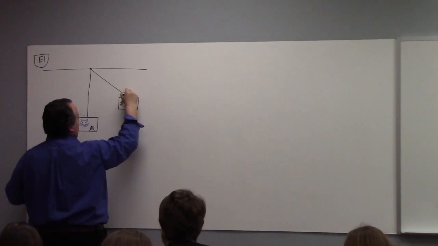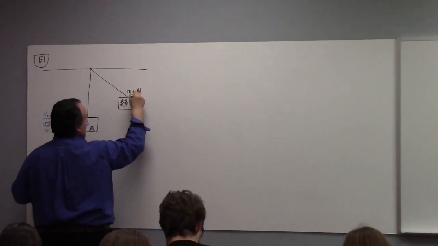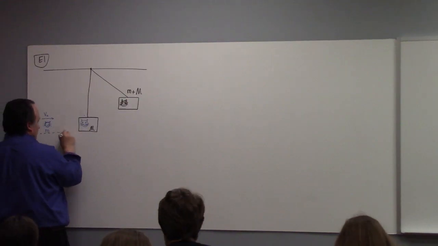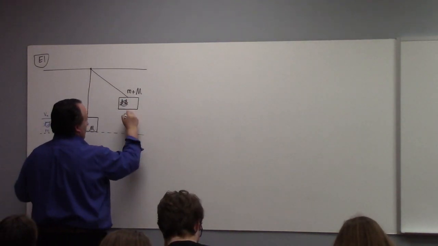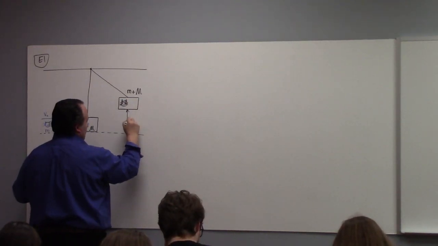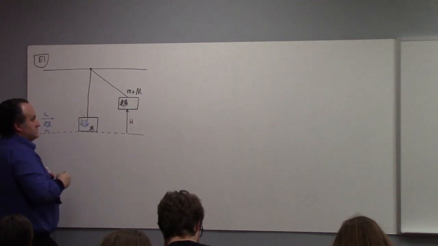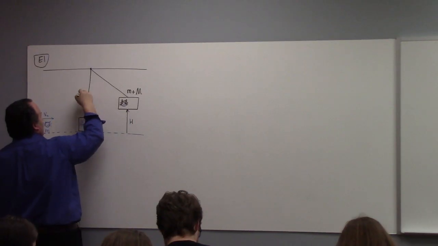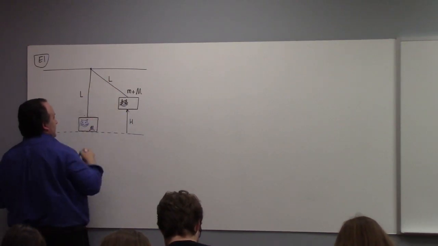So of course we've got m plus M, and let's suppose that it goes up here to height h. And this is a rope of length L, let's say.